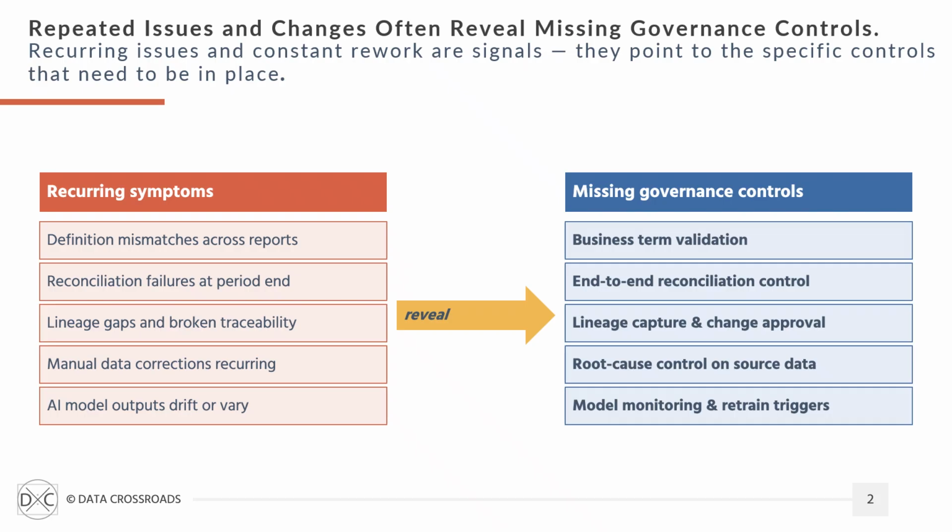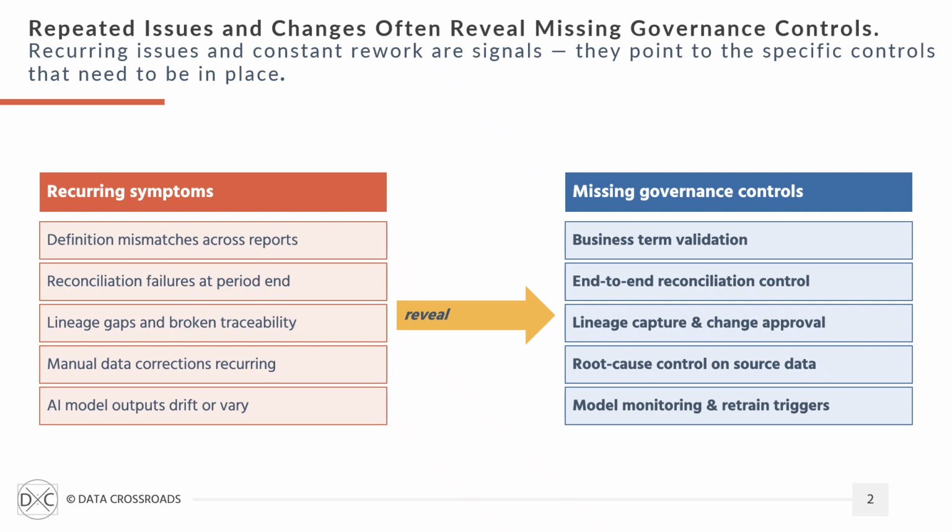Validation controls help organizations recognize inconsistency early in the life cycle. Approval controls help governance assess propagation exposure before deployment begins. Monitoring and reconciliation controls help detect instability before it spreads further downstream into reporting controls or AI environments.